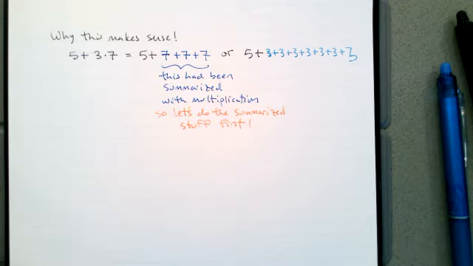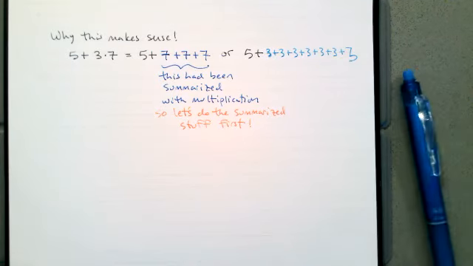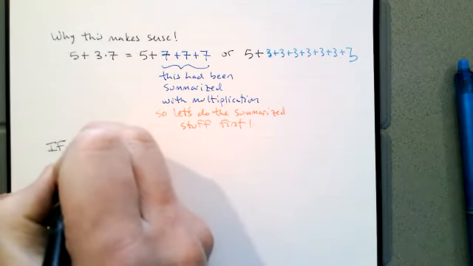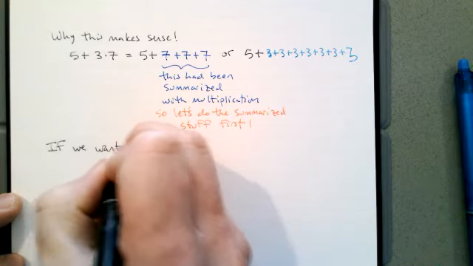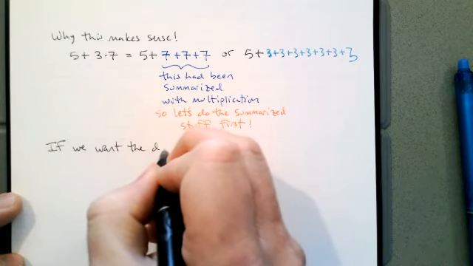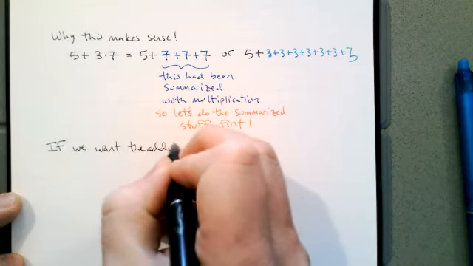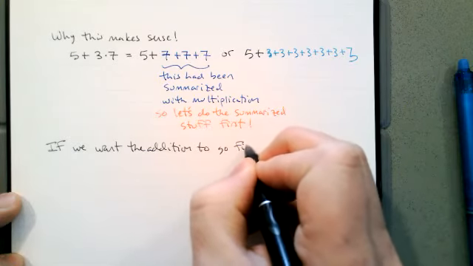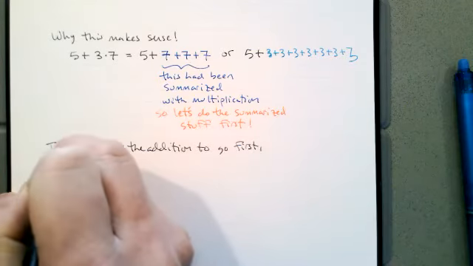If we want to change the order, what do we have to use? Because I'm betting a lot of you know this already. If we want the addition to go first, then what do we need?